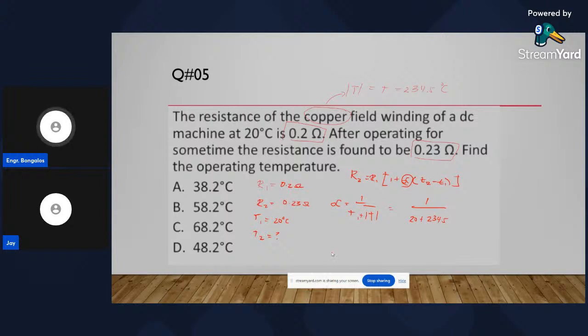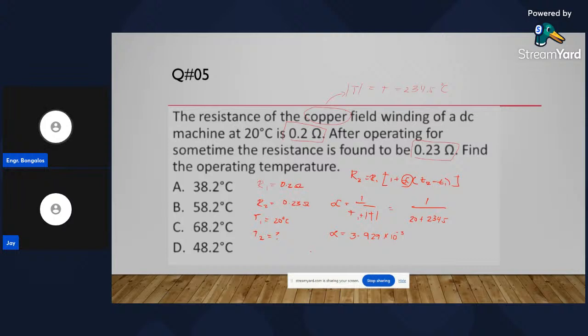So, compute lang natin siya. Ilan yung makukuha natin dito? Yung alpha natin, meron tayong 3.929 times 10 raised to negative 3. Yan yung magiging alpha natin. Then, plug in lang natin siya sa formula.